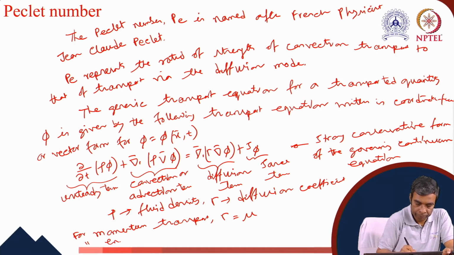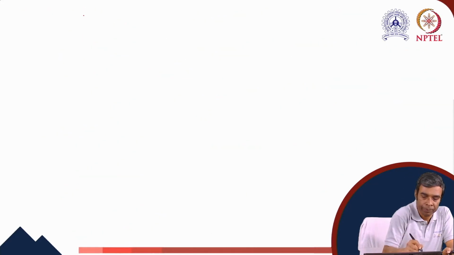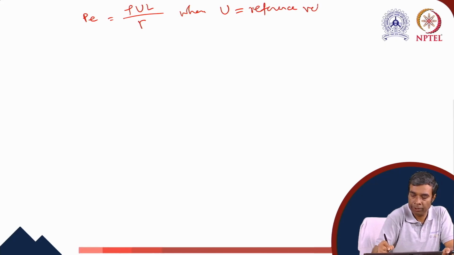For energy transport, our gamma is the thermal conductivity K. Now, the Peclet number is represented as rho UL by gamma, where capital U is the reference velocity in the flow and capital L is the reference length scale.